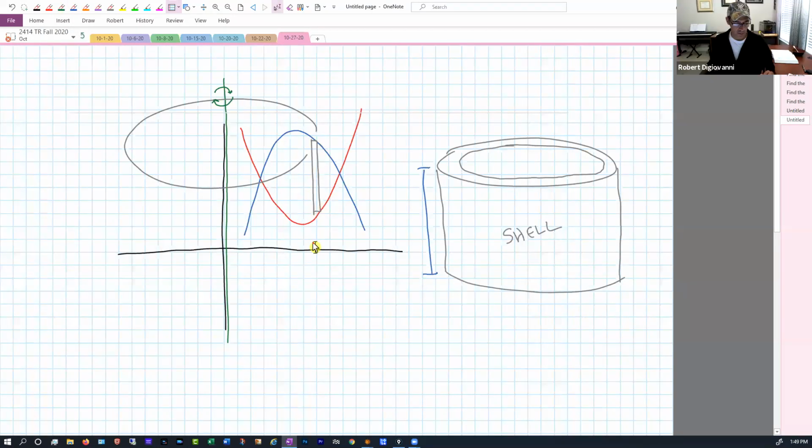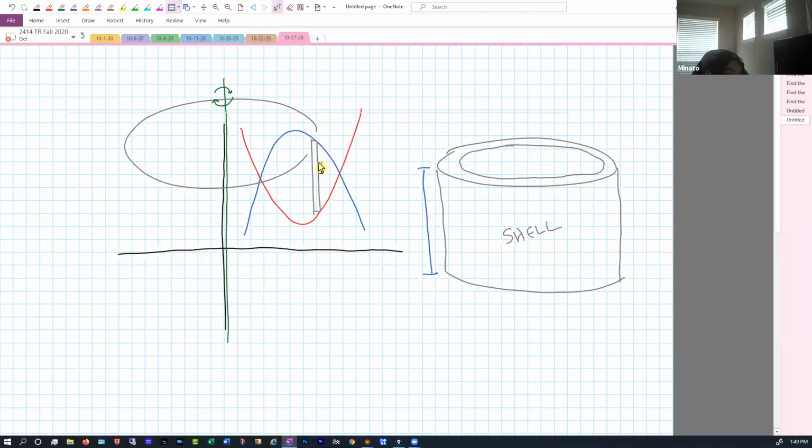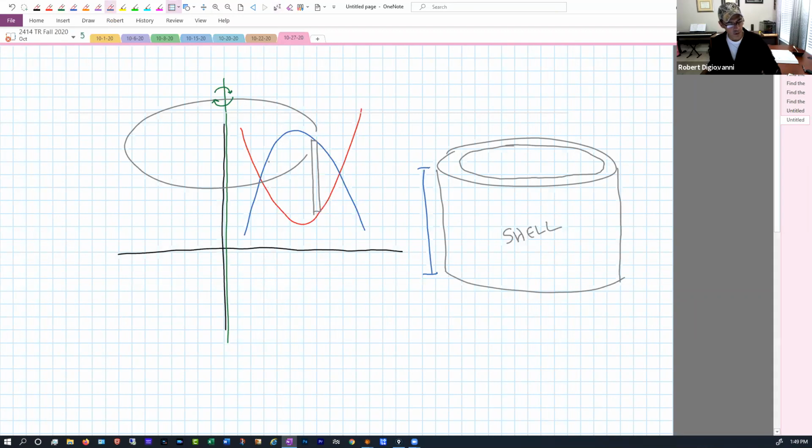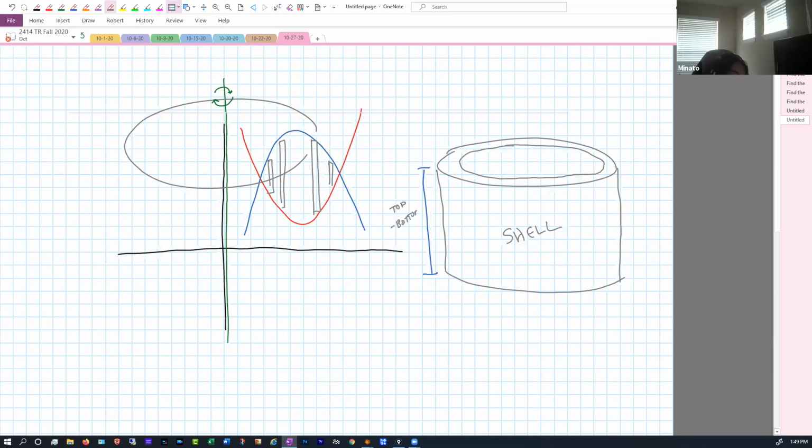The top function is going to change as we move through; the shell's going to be in a different place, right? This is just top minus bottom, isn't it? That's all that is. The height of the rectangle is just the top one minus the bottom one.